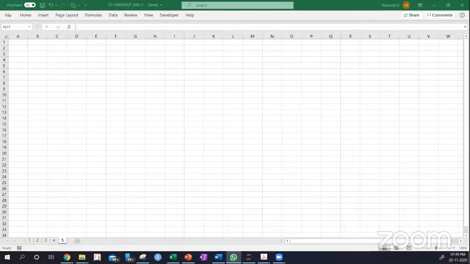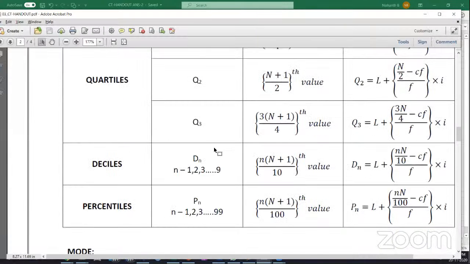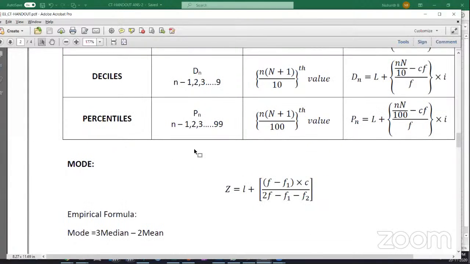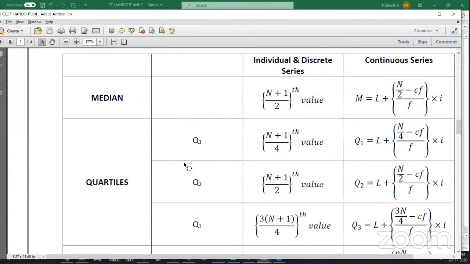Okay, so the fifth one. I'll just paste the problem here. We'll do the first one, median. There are a few things you need to consider. Whenever you're doing medians, quartiles, deciles, percentiles, there are two important rules to remember. First, you should always arrange the data in increasing order.